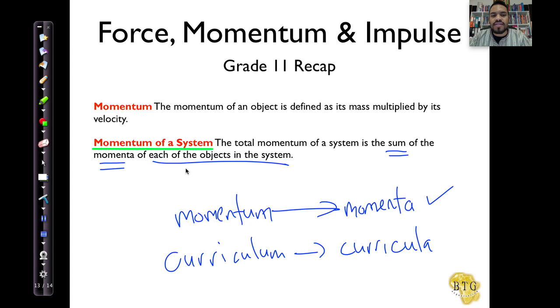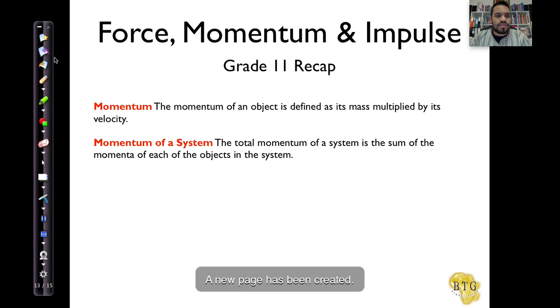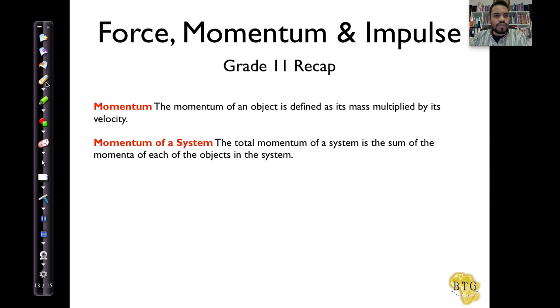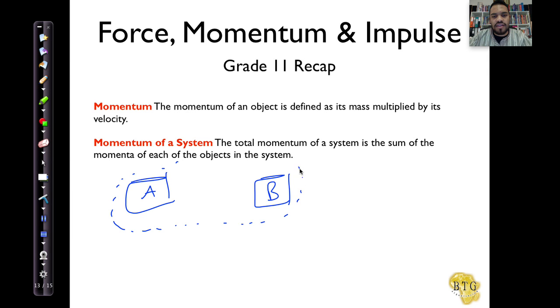So if you have an object A and an object B, let's clear that for a moment and get a new page. If you have object A over there and you have object B, and we say, okay, let's isolate this part of the world into something over there. There's my world.